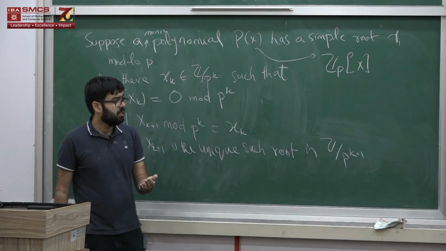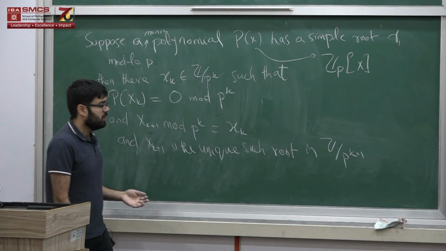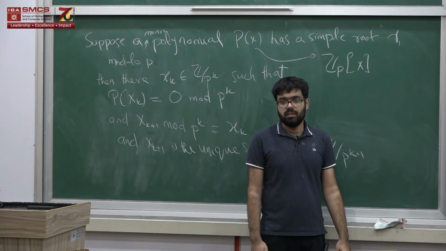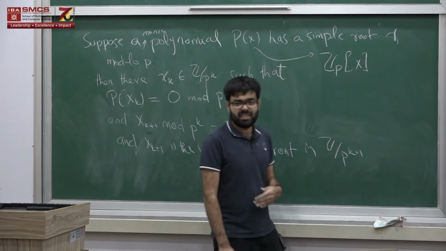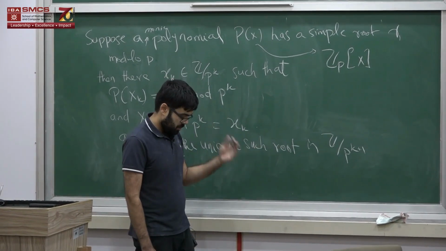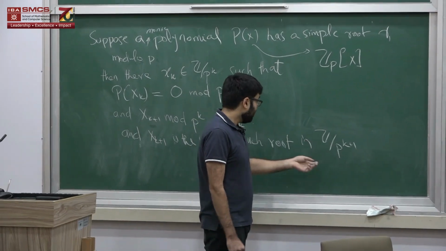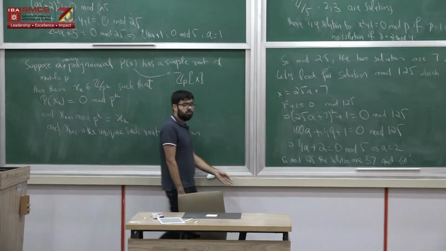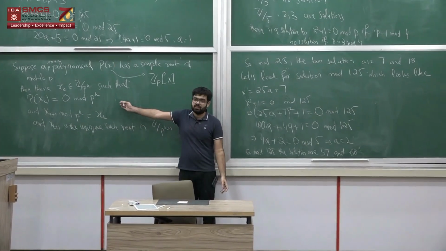What we will have is, we are given a root modulo p, and then we will try to write higher. Then we try to find these other roots. But this is an inductive process, so I am given the base case.